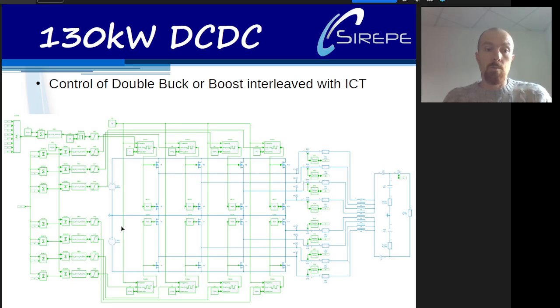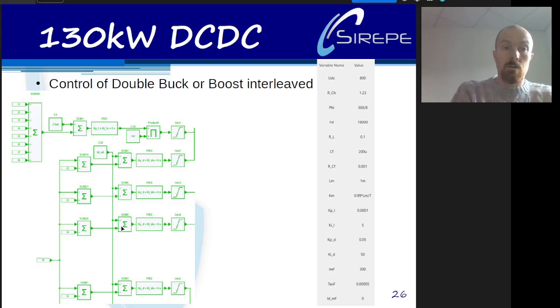So the topology is like that. We can see at the top of the slide the common mode controller, and below the differential mode controller.